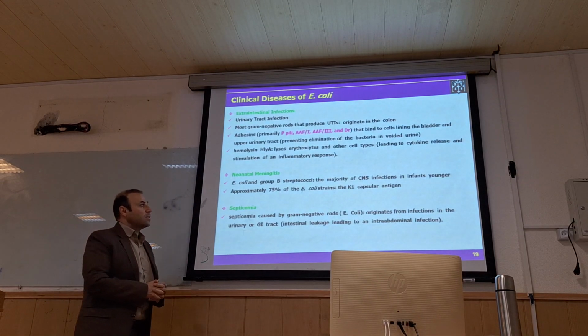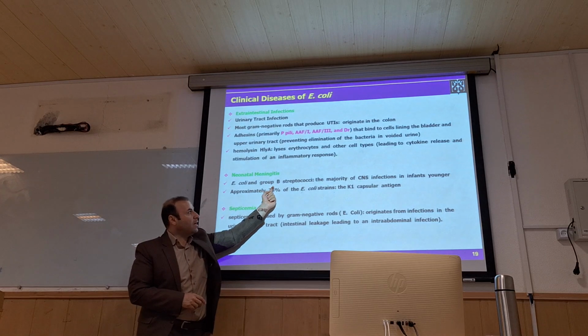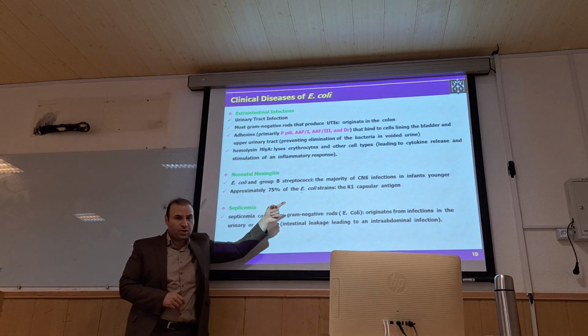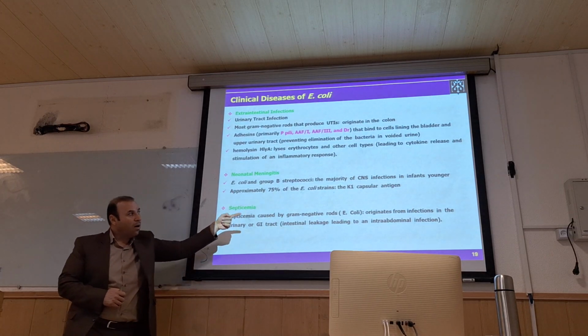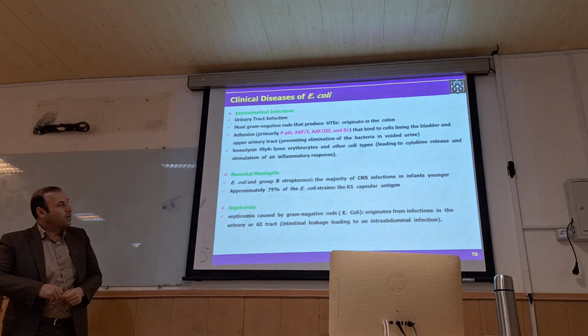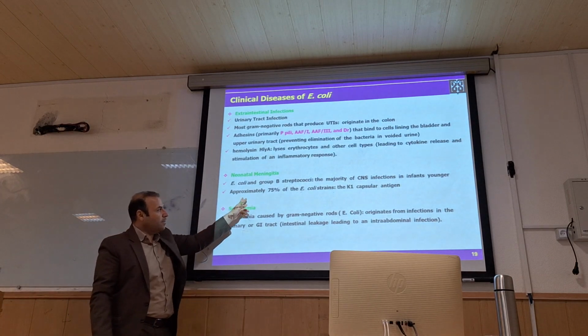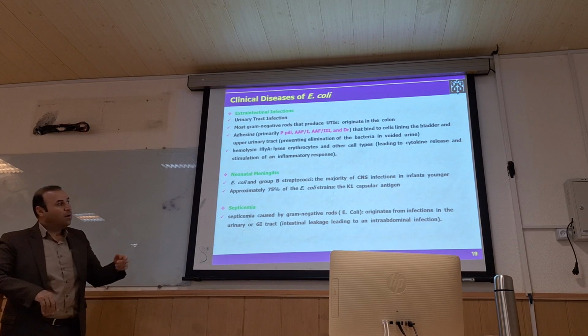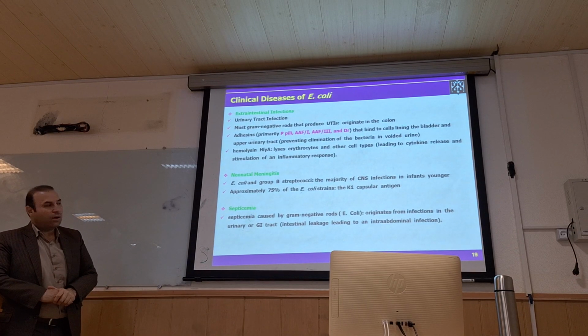Neonatal meningitis. GBS, group B streptococci, and Escherichia coli account for the majority of CNS infections in young infants. Approximately 75% of E. coli strains possess the K1 capsular antigen.